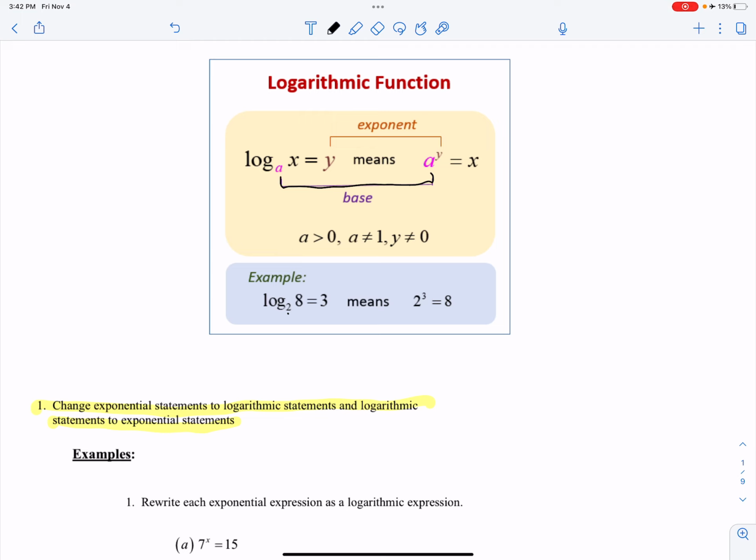So over here, we would read this log as log base a of x is y. And the base of our exponential form is the base of our logarithmic form. The exponent from our exponential form is what our log equals. And then we can see that what our exponential equals is inside of our logarithmic function.